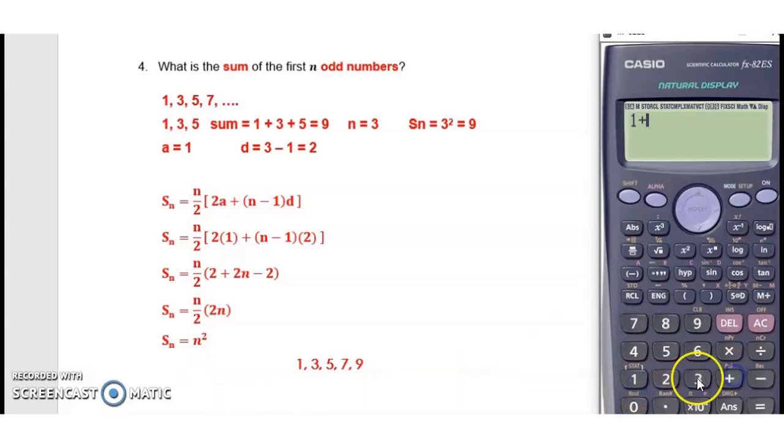So equal to 25. If you use this formula, we have 5 numbers, 1, 2, 3, 4, 5, so 5 squared equal to 25. If we have, let's say, a small number of terms, less than 10, it is easy for us to compute the sum.